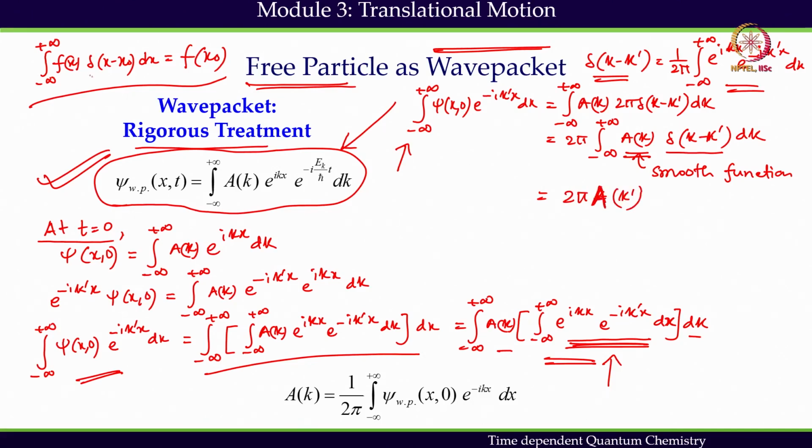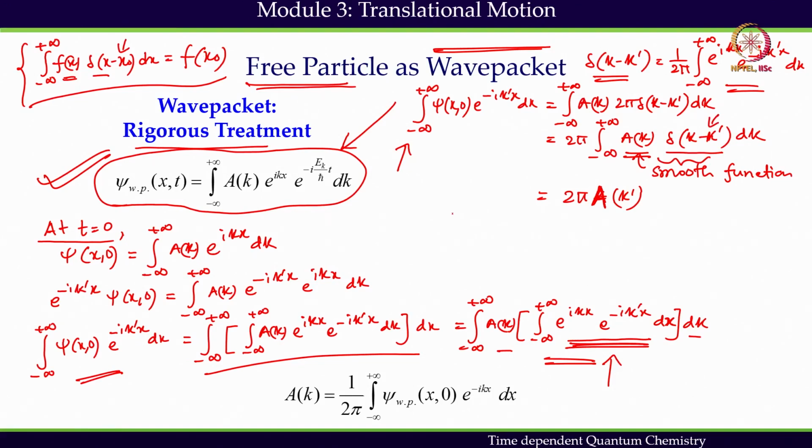Just like here, if it is a product of delta function and a continuous function f x, then this integration will give me the value of the function at x naught. Similarly, this integration will give me the value of a k at k dash, and that's what you have written here.